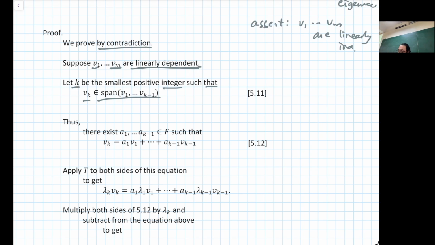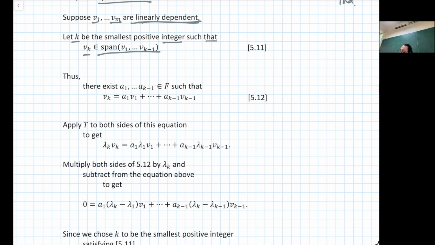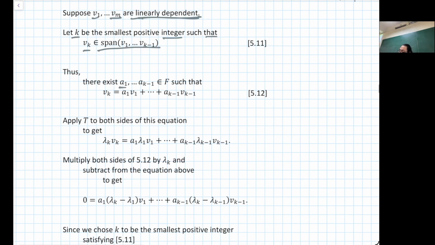That is guaranteed. So suppose k is the smallest such index. Then we know that there exist a1 to a(k-1) such that vk is a linear combination of the remaining vectors. So far so good.